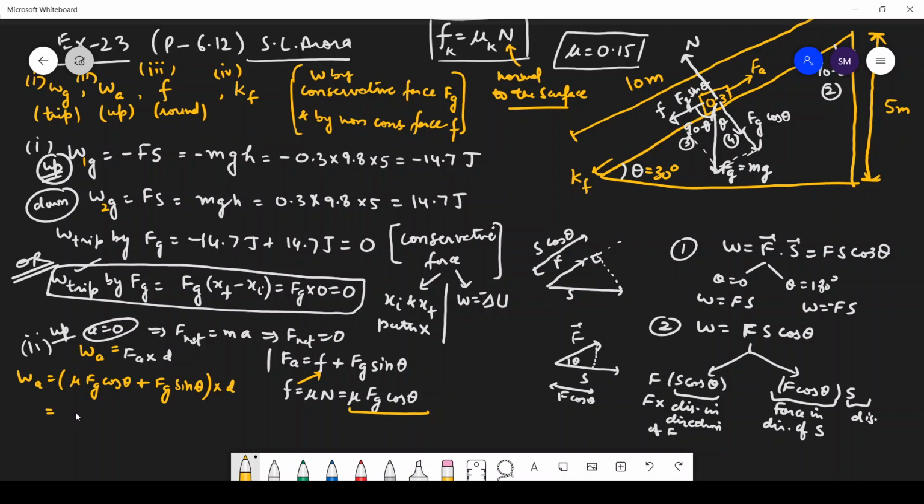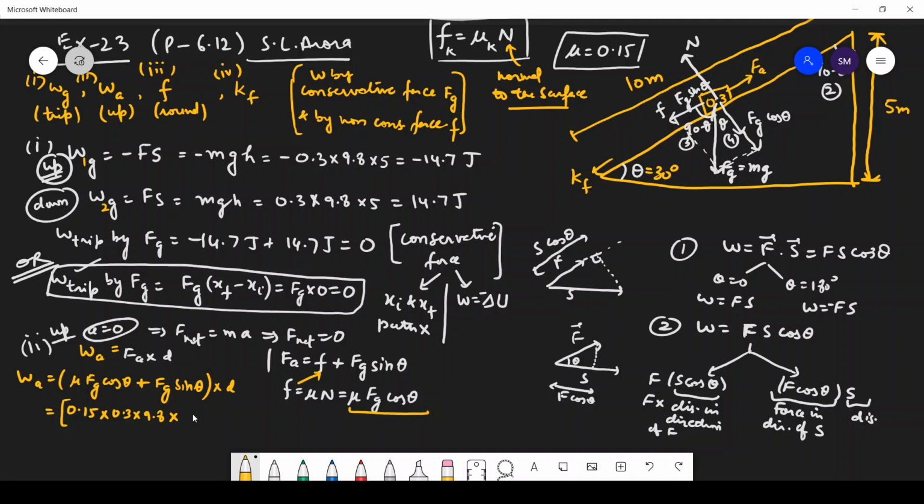So that's equals to, now what is nu equals to? 0.15. What is Fg equals to? Gravitational force, that's equals to mg. So 0.3 kilogram into 9.8. What is cos 30 degree?